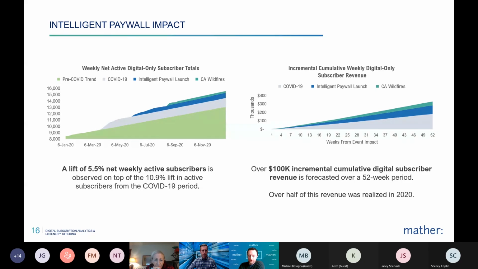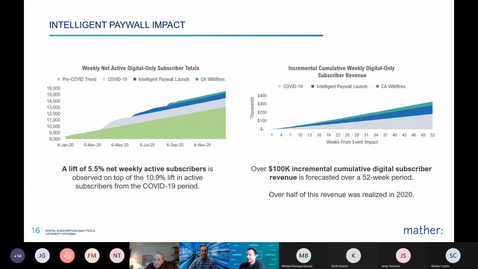We launched the intelligent paywall shortly after that, so you can see that bump. And this was for a client in California, so they had some bump due to the California wildfires and those kinds of stories. When you decompose these major activities that happened, it's a pretty big impact in terms of scale. It's about $100,000 in incremental revenue that was generated over the first 12 months that we're projecting.